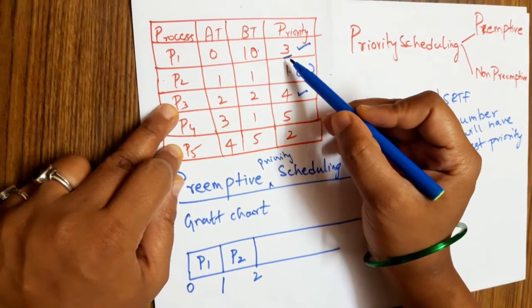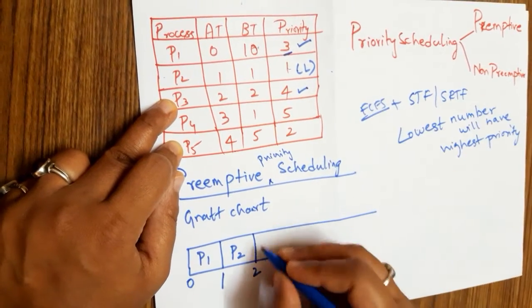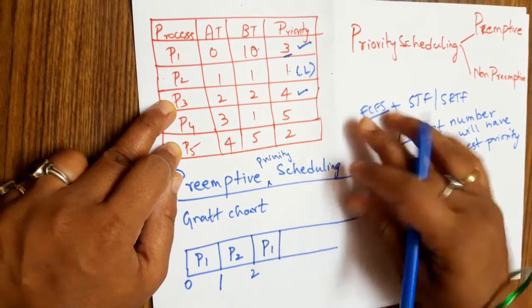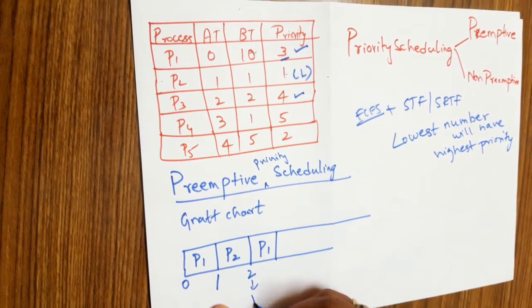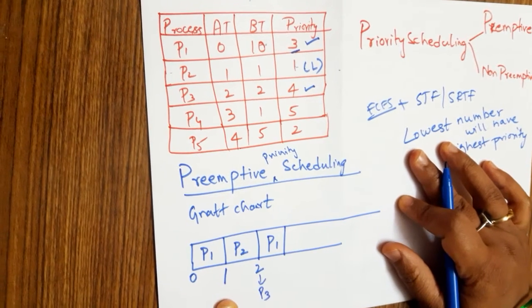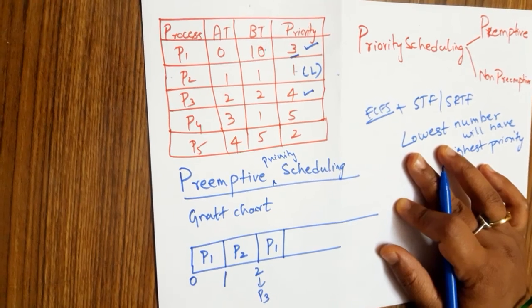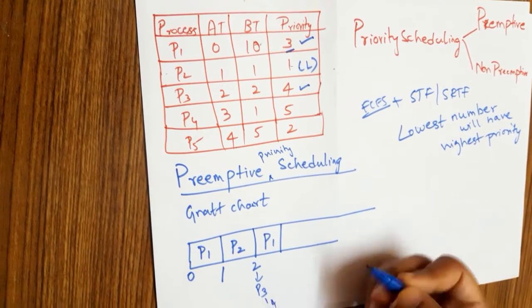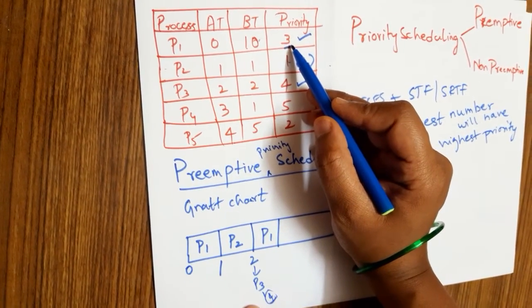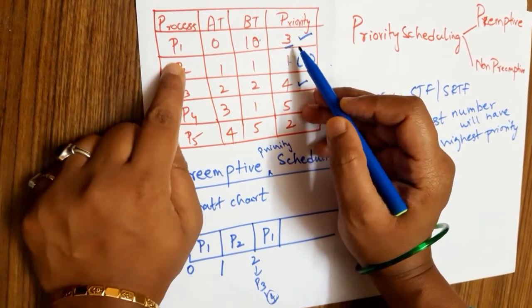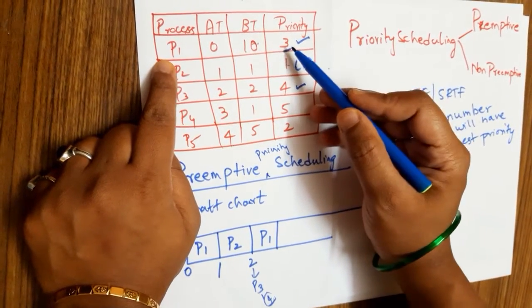So I will ask process P1 to execute. I repeat once again: when time is 2, process P3 comes into the queue, but its priority is 4, which is lower in priority than process P1. So I give importance to process P1 to execute.